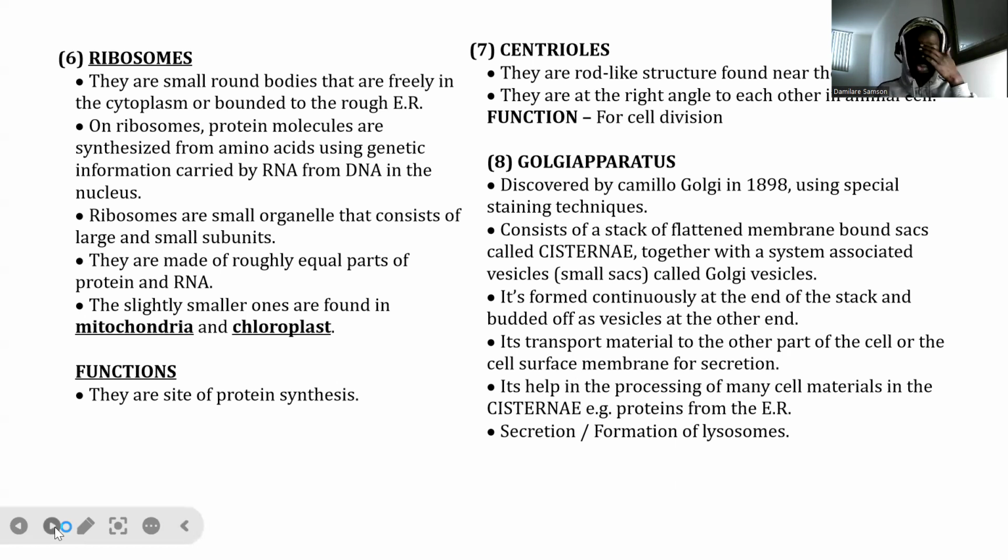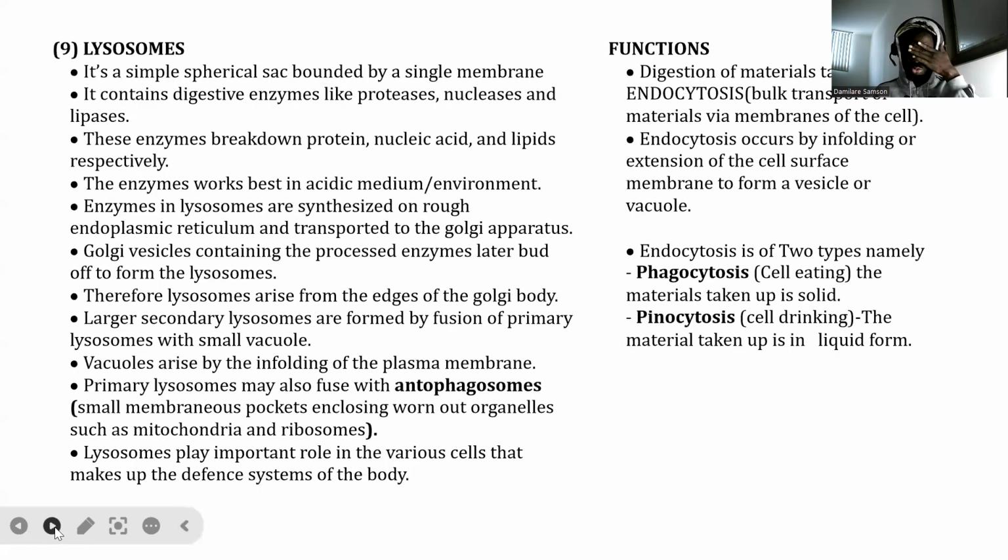lysosomes. So that takes us to lysosomes. What are lysosomes? It's a special spherical sac bound by a single membrane. It contains digestive enzymes like proteases, nucleases, and lipases. If you hear the word proteases, it means something related to protein, nucleases, something related to nucleic acid, and lipases, something related to lipids.